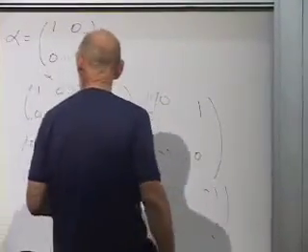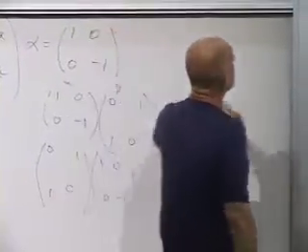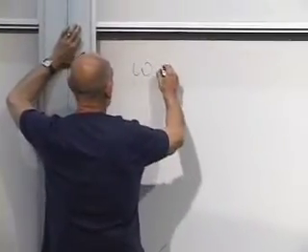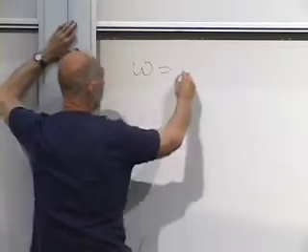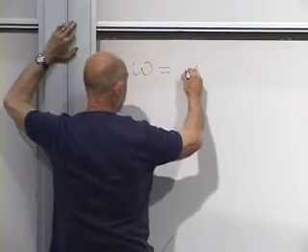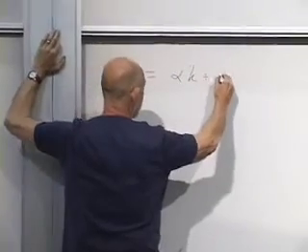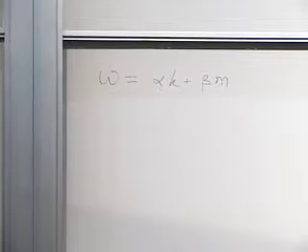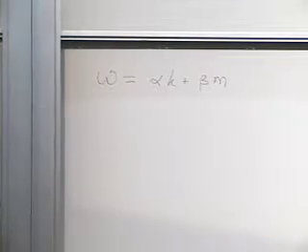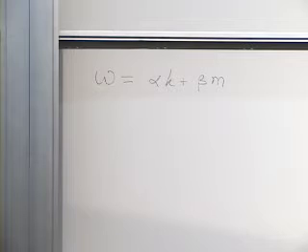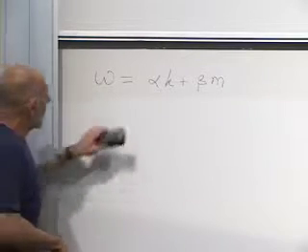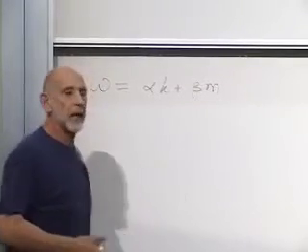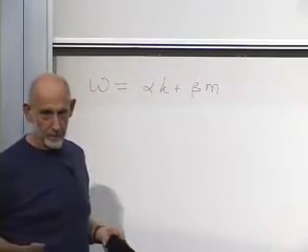To let the momentum be equal to 0, we can just, and where is our equation? Our equation was omega equals alpha k plus beta m. Let's just manipulate it at this level first, and then we'll write down what the equation of motion is. To set the electron to be at rest, that's the same as setting its momentum to be equal to 0.